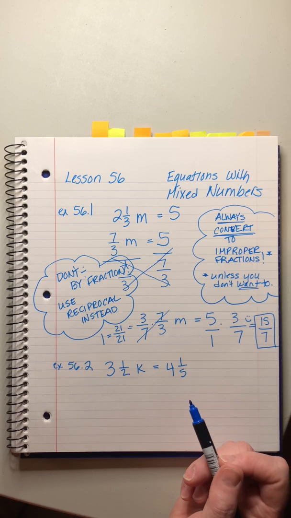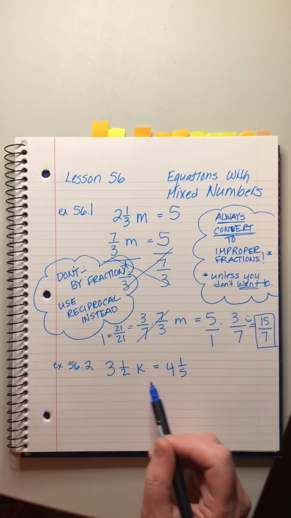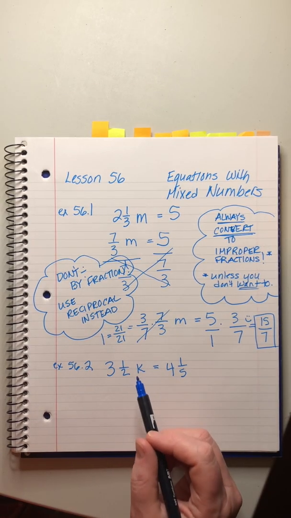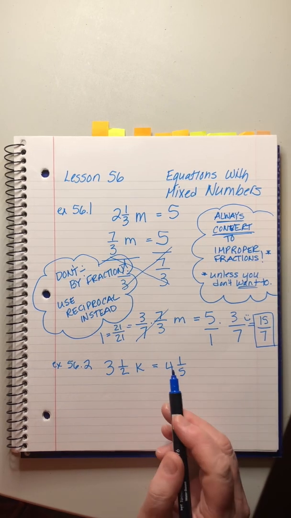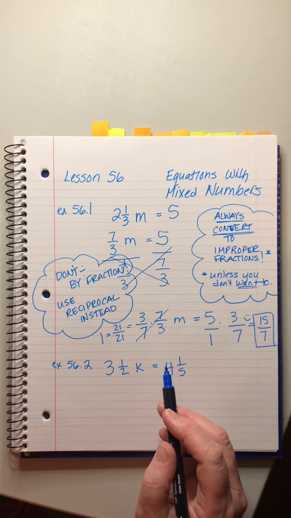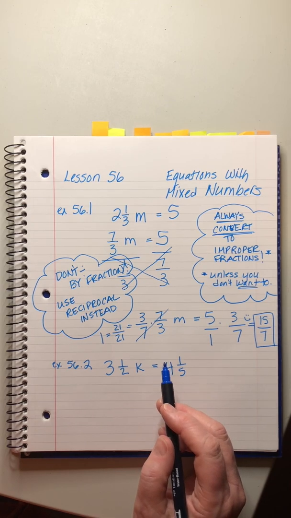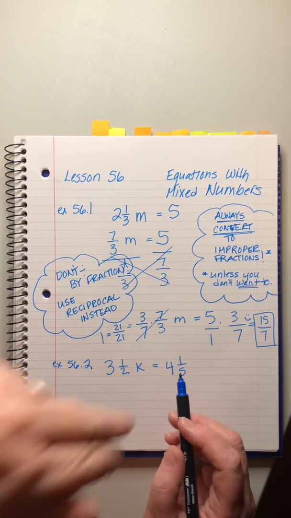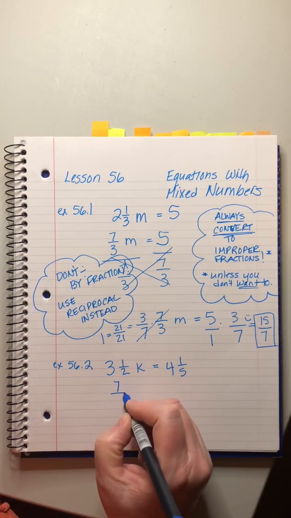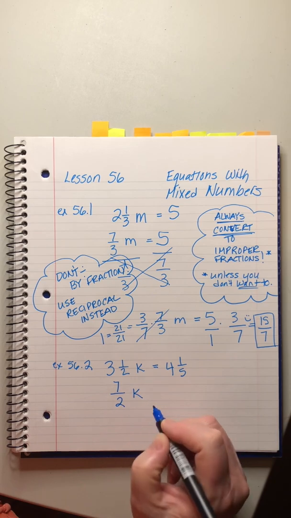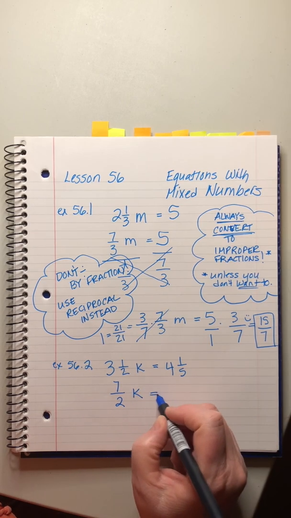We don't want floaty things in our problems. So what I would tell you is in the homework, don't even write them down like this. Just immediately convert it to an improper fraction as you're transferring the problem from the book to your paper. Don't even write this down. Just go 7 over 2 k. I guess that's still floating, but it's better.